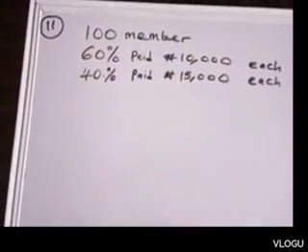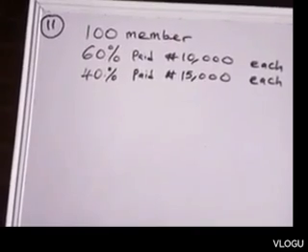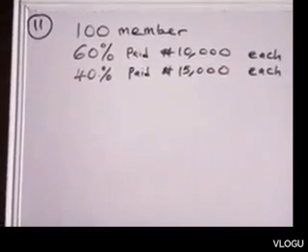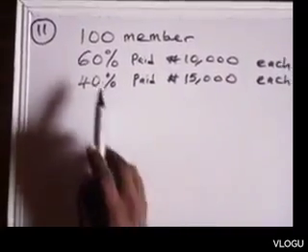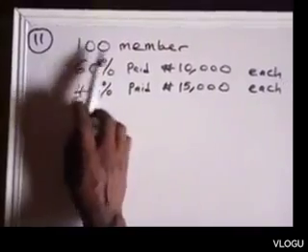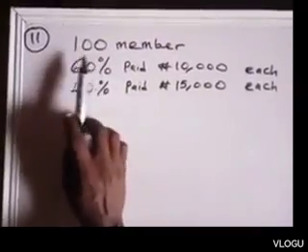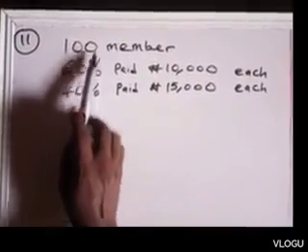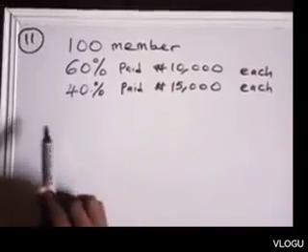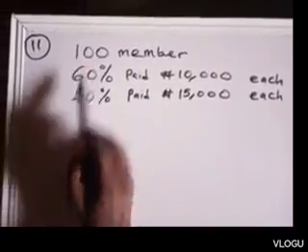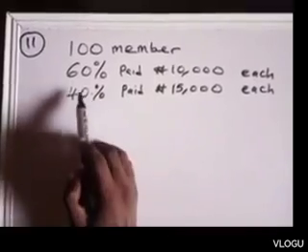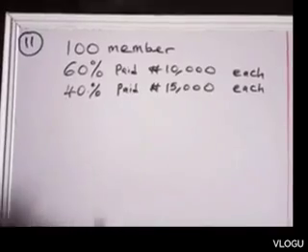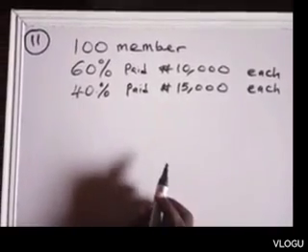Now, they're asking us what is the total amount contributed to the charity fund. Of course, the number here is 100, so that makes it a straightforward question. Assuming it is 200 or 500, there will be a need to find 60% of the members. So if you find 60% of 100, you're going to get 60. If you find 40% of 100, you're going to get 40.